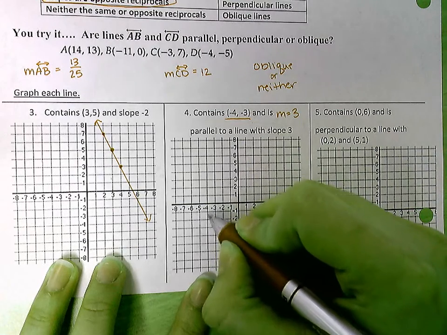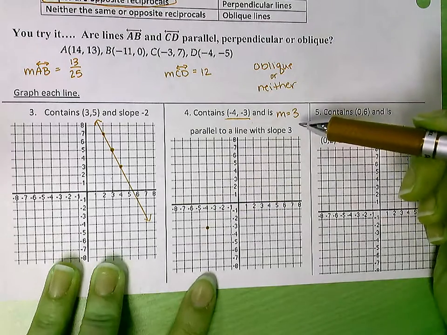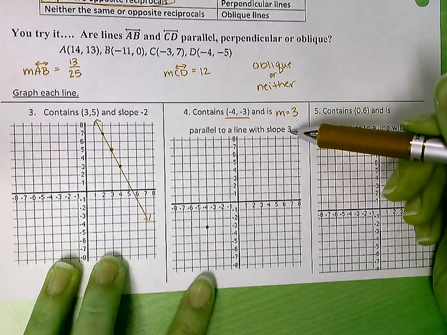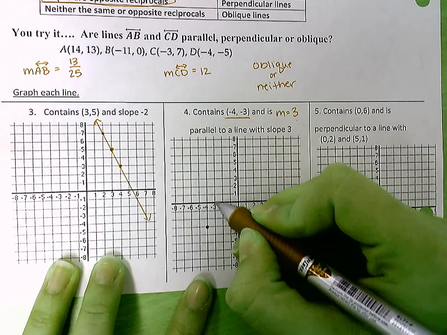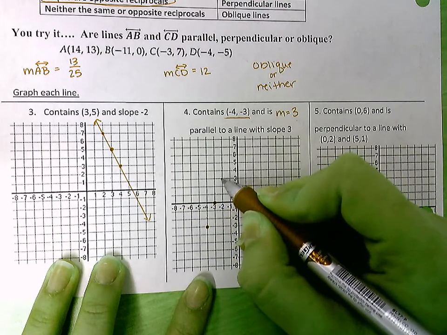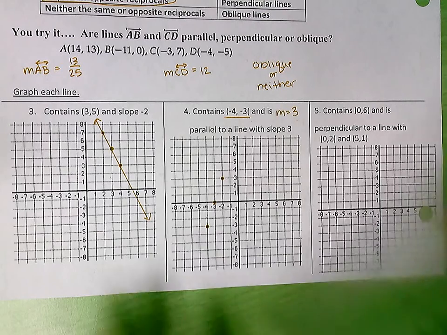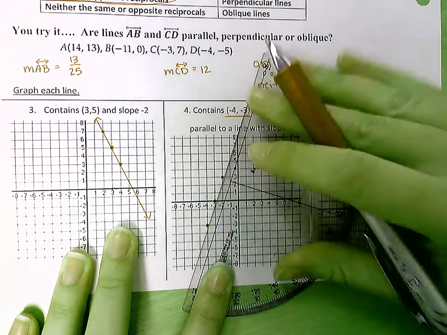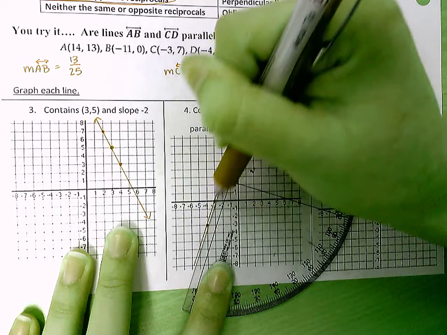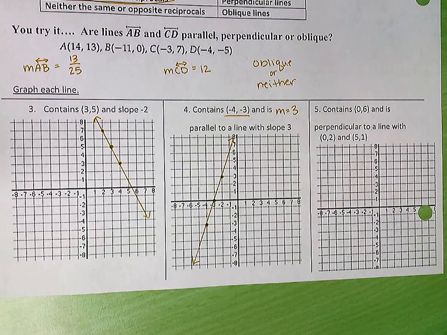So -4, -3. And then my line has to have a slope of 3 since it has to be the same as that slope. So we'll go up 3 and right 1. Okay, up 3, right 1. So then I go rise over run. And then I can connect those points with my straight edge. That would be my line.